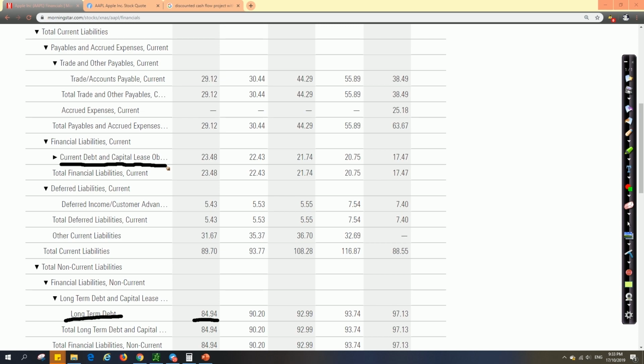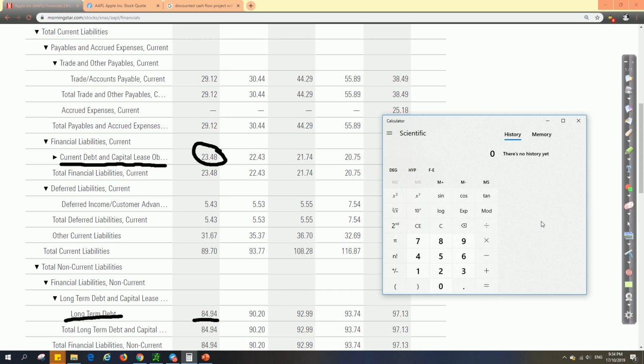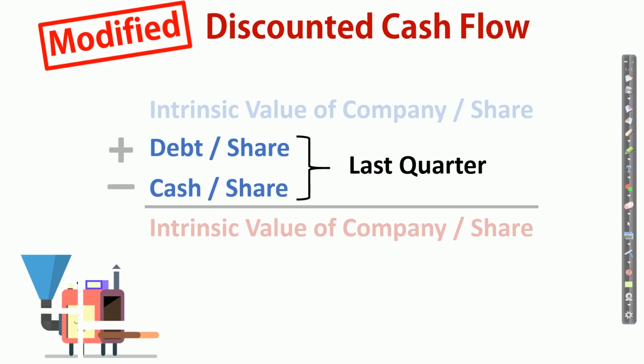So that will give us 23.48. So if we sum up these two numbers, 23.48 plus 84.94, that will give us a debt of 108 billion for Apple. And remember as well to divide this by the total number of shares outstanding that Apple has to get the debt per share.